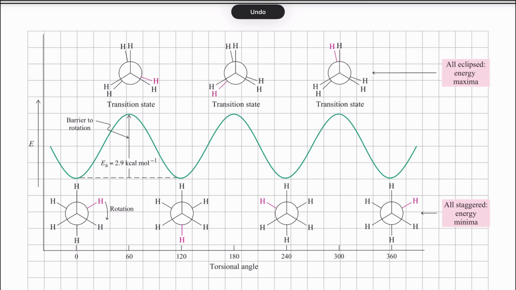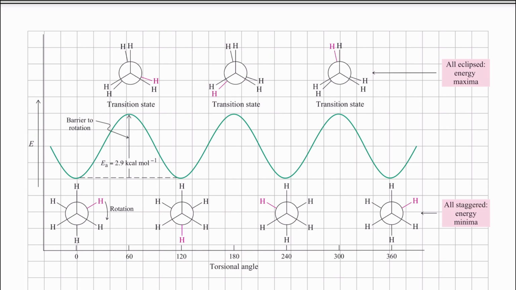So because we have the repulsion, because the molecule doesn't feel comfortable and it's not stable, the potential energy of the eclipsed conformation is always higher than the potential energy of the staggered conformation. The amount can be seen here, which is 2.9 kilocalories per mole. It means each mole of the eclipsed conformation of this molecule has 2.9 kilocalories more energy compared to the staggered conformation.